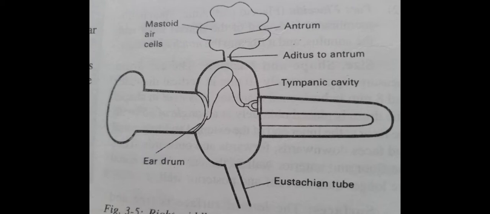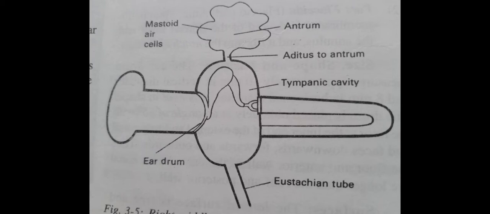This shape makes it necessary to pull the pinna upwards and backwards while you examine the ear in adults. While in children the canal is shorter and straighter and it is without hair, and thus the eardrum can often be directly examined without any ear speculum.